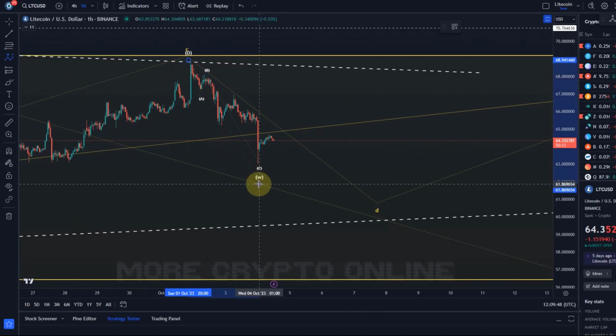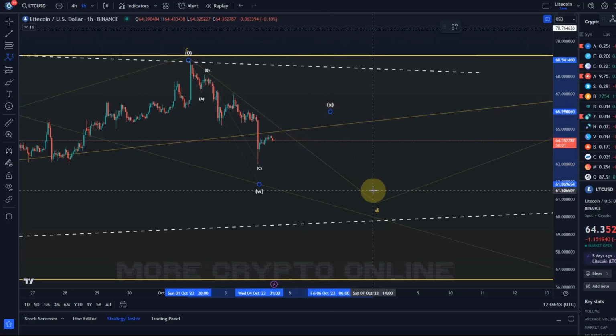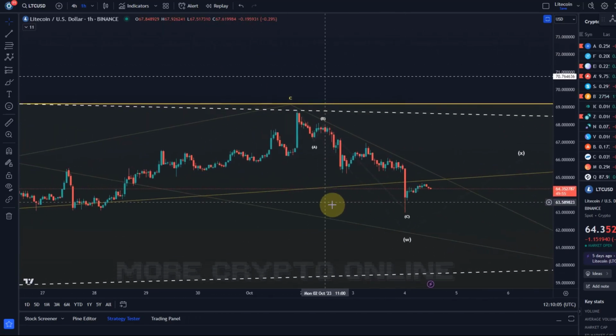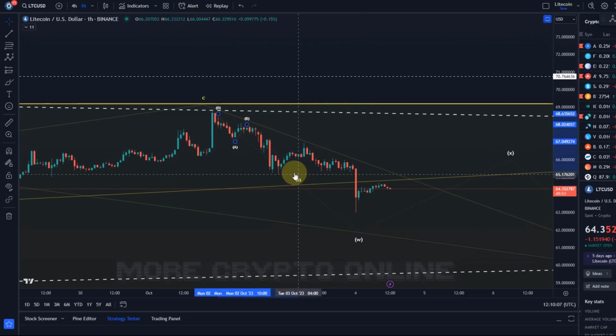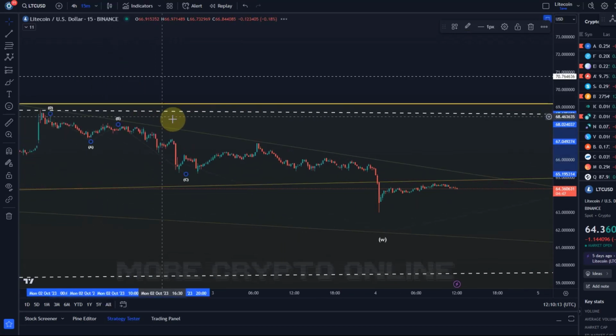Important is that we use the wave counts on these time frames to understand what the relevant resistance levels are. Or to be fair, actually, I'm just thinking it looks a little bit too long. So let me just double check if we can count 5 waves down to here.